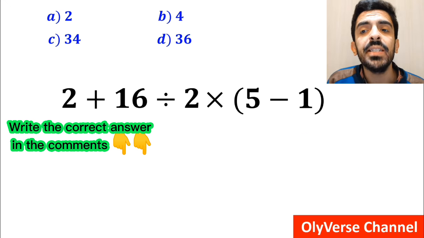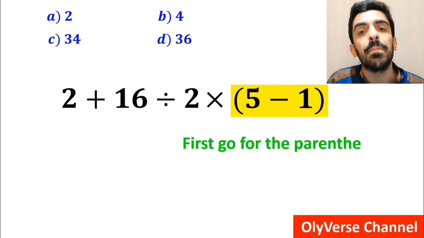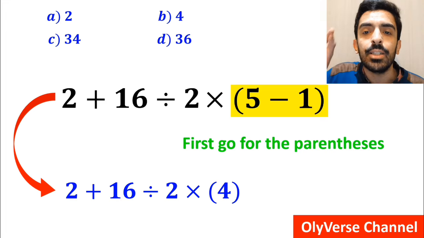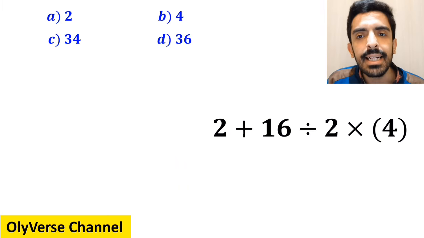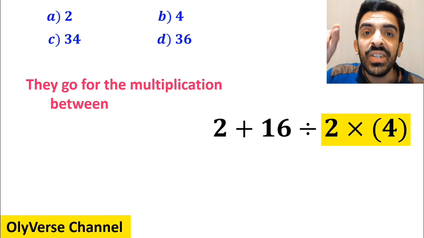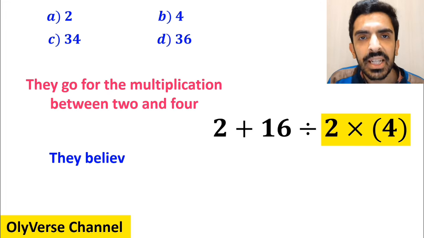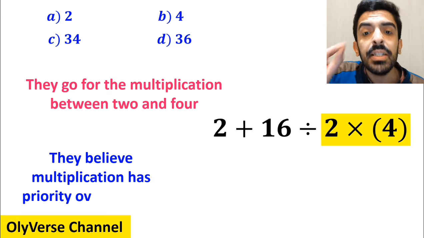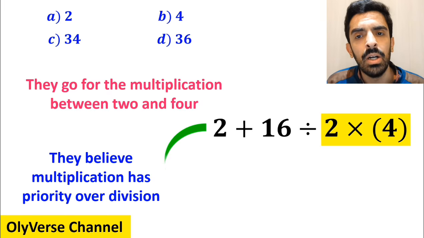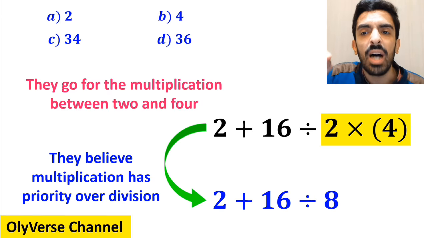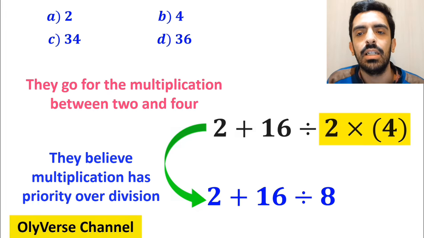Also, some other people, when solving this question, first go for the parenthesis and write this expression as 2 + 16 ÷ 2 × 4. In the next step, they go for the multiplication between 2 and 4 because they believe multiplication has priority over division. So, this expression simplifies to 2 + 16 ÷ 8.